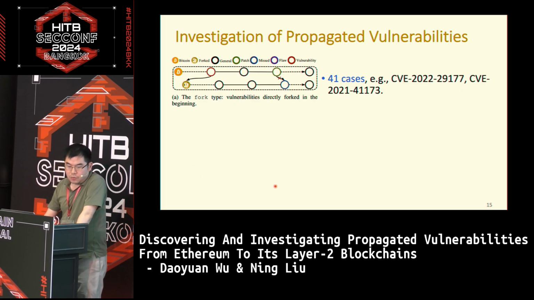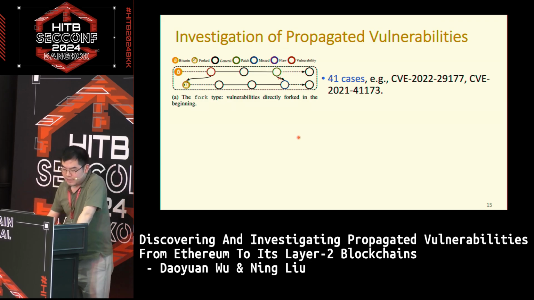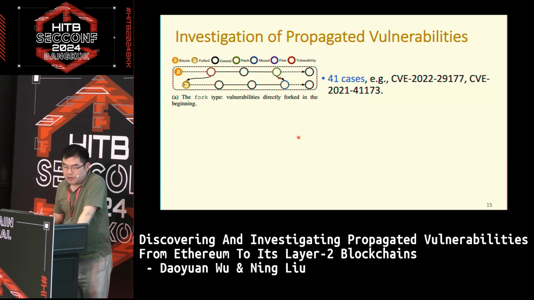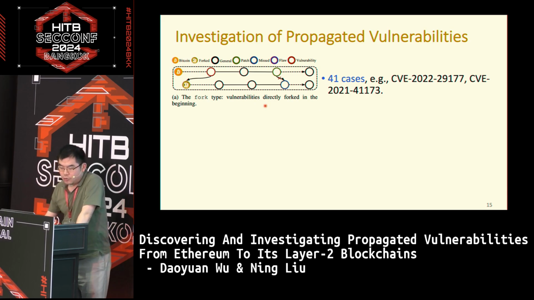Okay, so here we can dive in more depth on the root cause of why those vulnerabilities could be propagated from the original Bitcoin and Ethereum to their forked projects. Here we analyze all those vulnerabilities and identify two kinds of root cause.